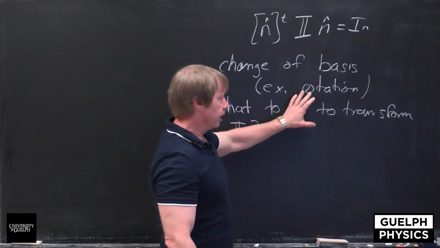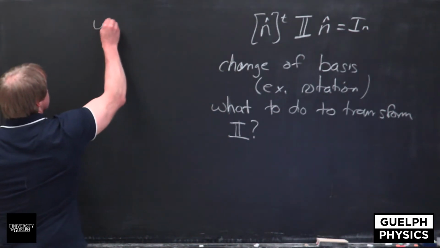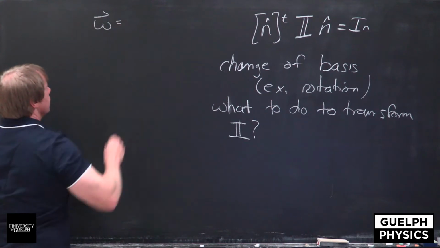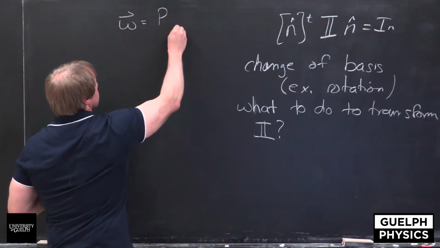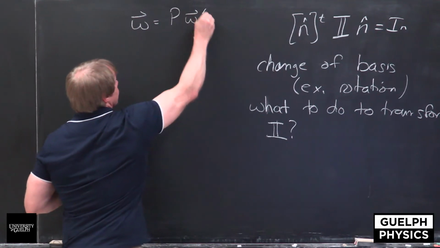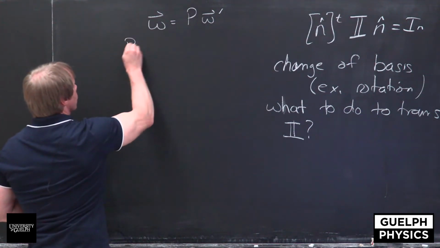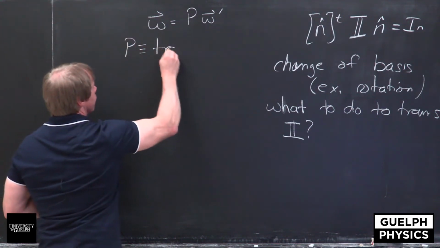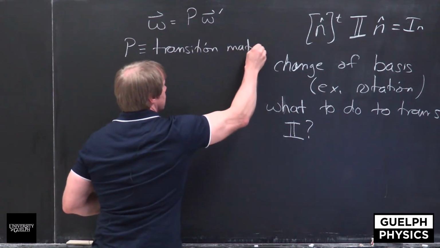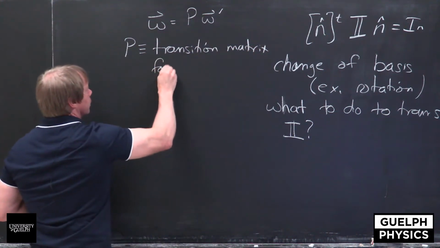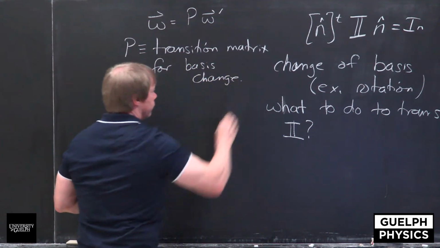So there's a simple procedure to do that, and to see how that works, let's recall that we had earlier come up with this expression where P was our transition matrix for the basis change.